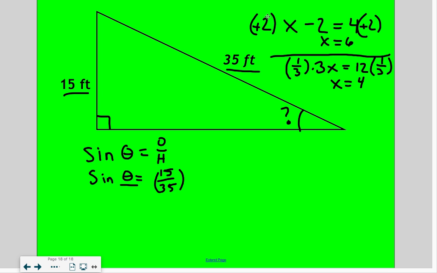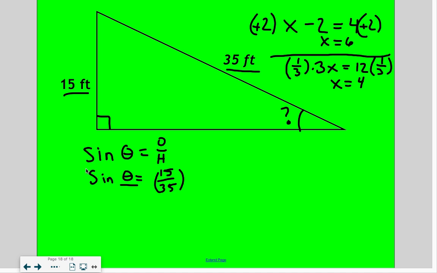The key here is that this is called an additive inverse, this is called a multiplicative inverse, and this is called an inverse trig function, or an arc trig function, which is what you're going to see. So if I wanted to get rid of that, I use an inverse to get rid of it.